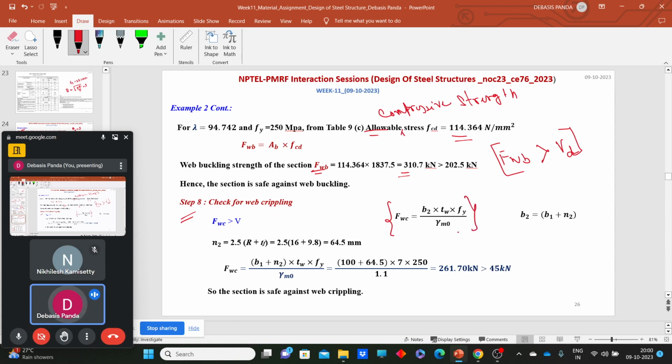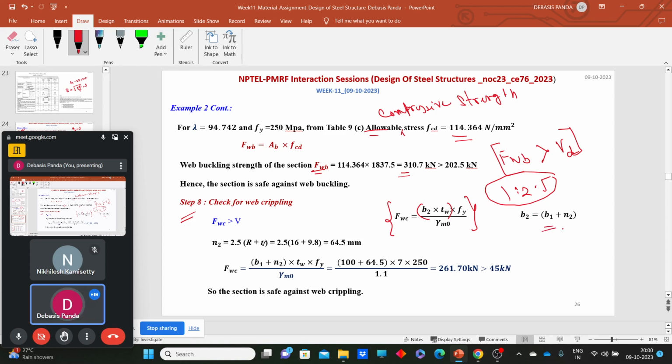We already went through these formulas, considering the 1 is to 2.5 empirical load distribution. The FCW strength comes as the area into Fy by gamma m0. Now how can we calculate the B2 value?